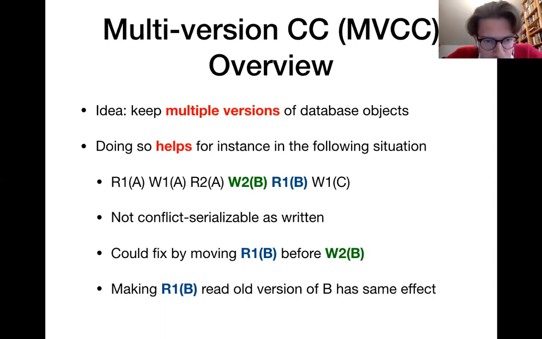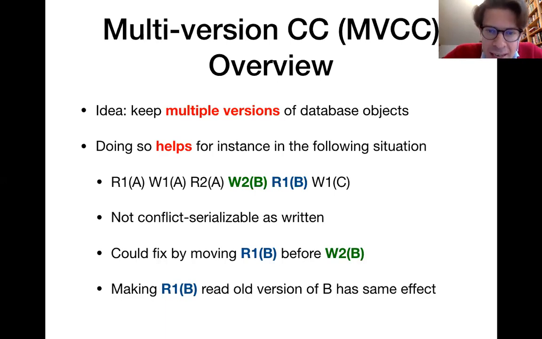There is a conflict between transaction 1 and 2 on the A object at the beginning. So in the conflict graph, you would have an edge from 1 to 2. Later, there is a conflict on B as well, so we also have an edge from transaction 2 to transaction 1. That is why you have a cycle, so it is non-conflict serializable.